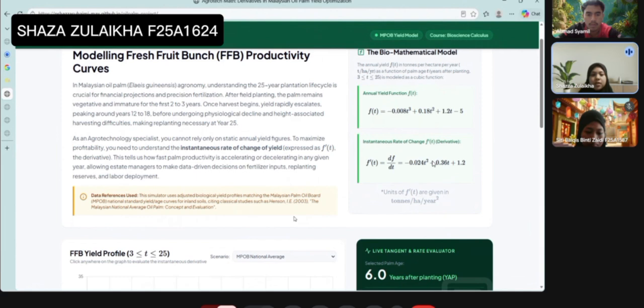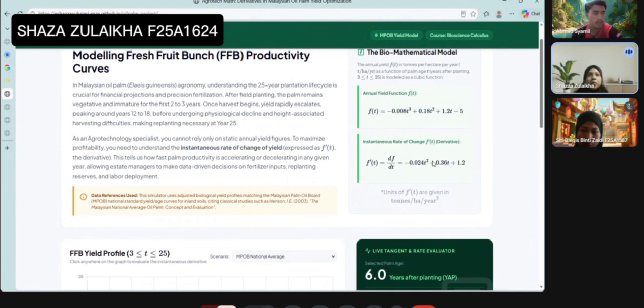Next, I will explain about the importance of studying this bioscience problem. Studying this problem is important because oil palm is one of Malaysia's major agriculture industries and contributes significantly to the country's economy. By understanding how yield changes over time, plantation managers can make better decisions regarding fertilizer application, workforce planning, and replanting schedules.